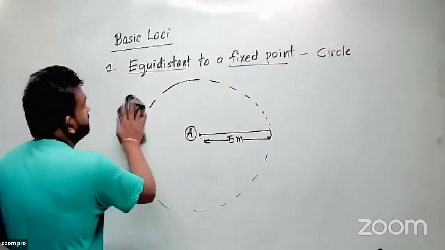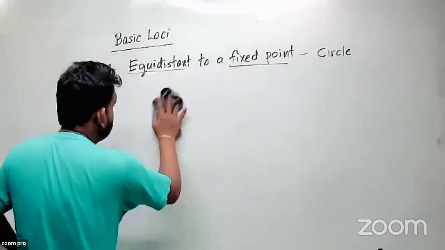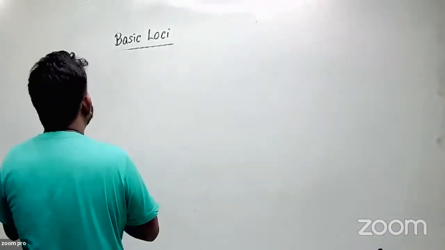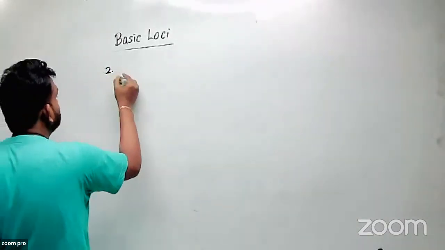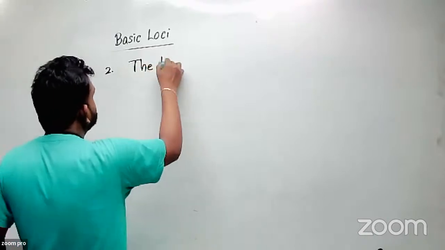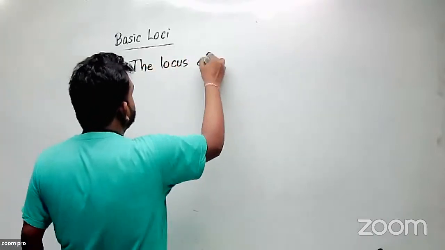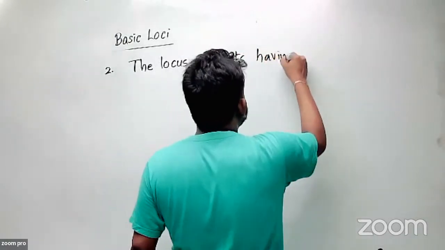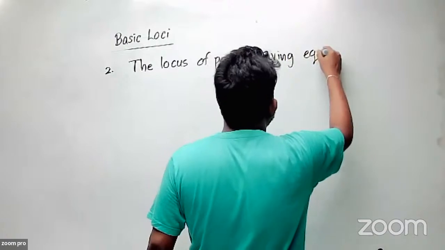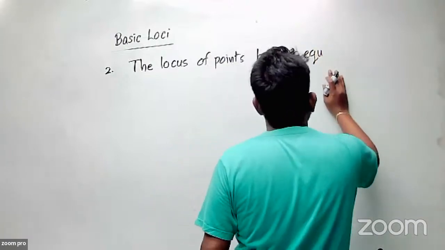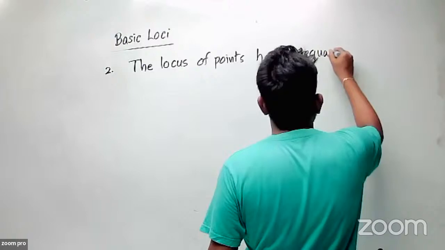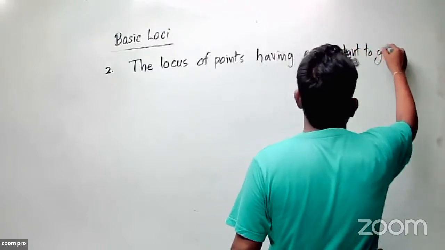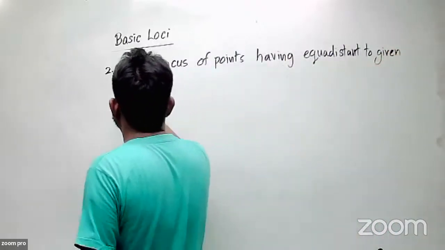The second locus. We have 4 basic loci here. The second locus, write down: the locus of points having equidistance to given 2 points.